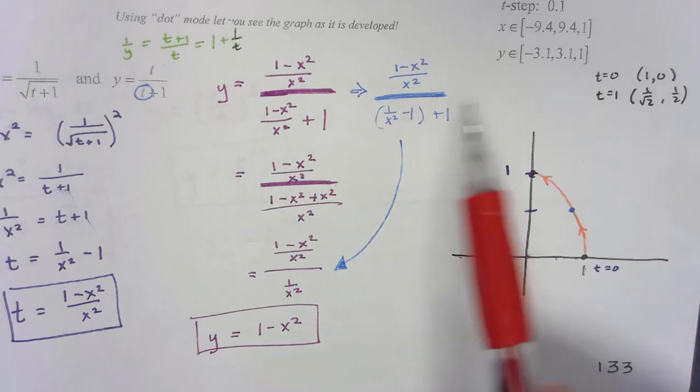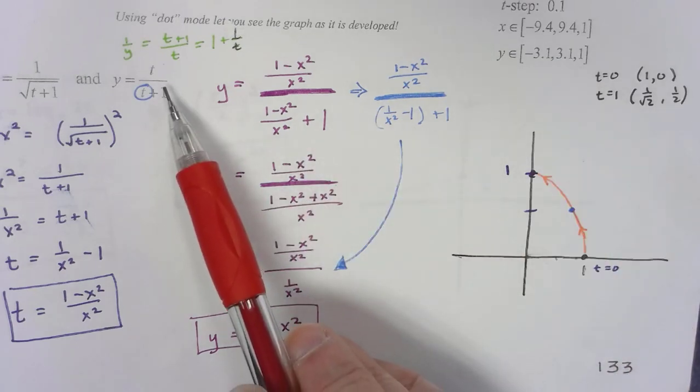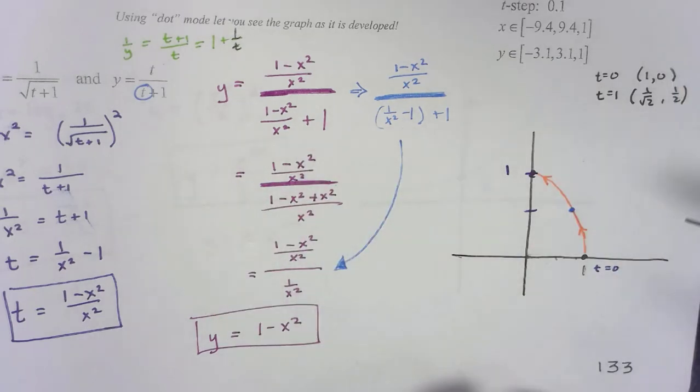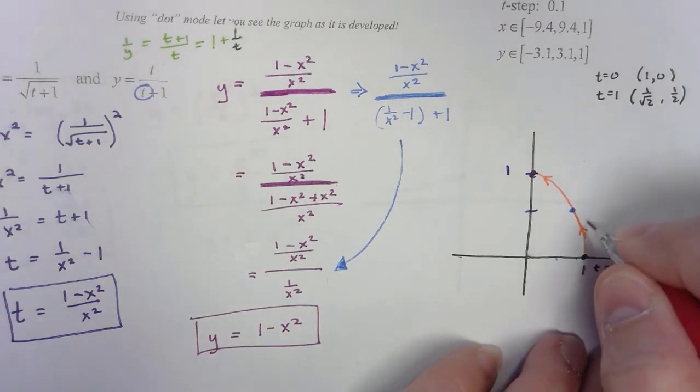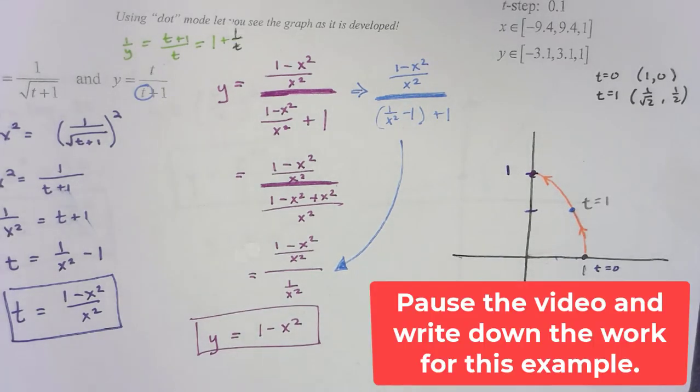For y, I get 1 over 1 plus 1. So I get the point when t is 1, 1 over square root of 2, 1/2. That's right here. Okay, pause the video and write down this explanation.